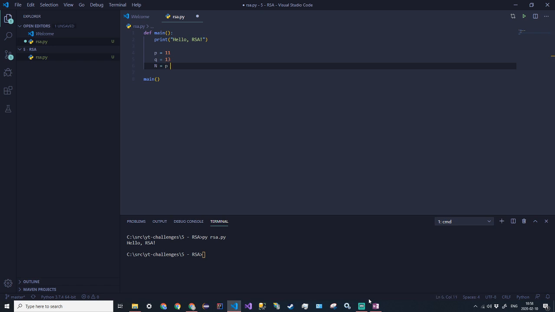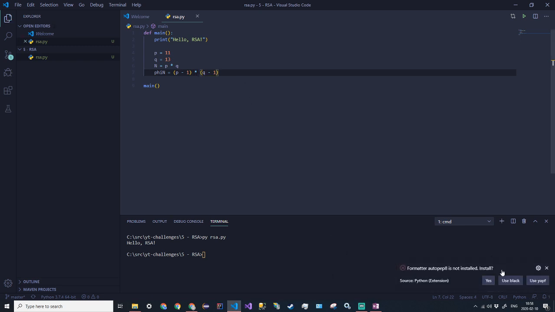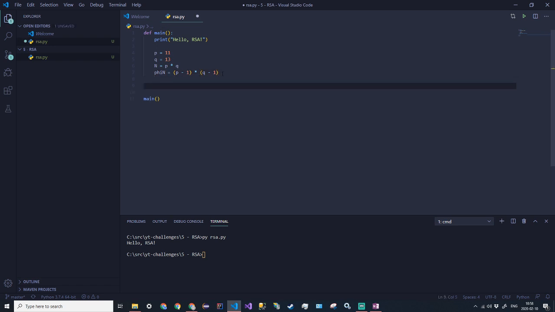N is equal to P times Q. Phi of N is equal to P minus 1 times Q minus 1, just like that. That's phi of N. Next, we're going to select a value for E.